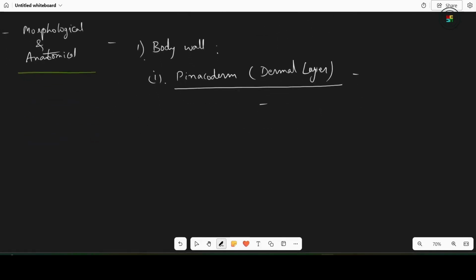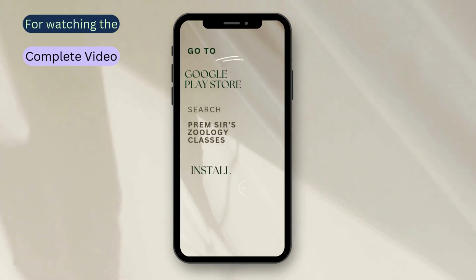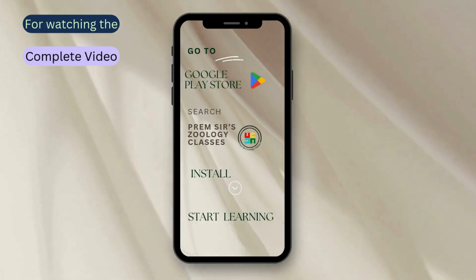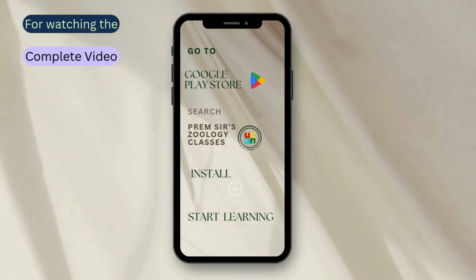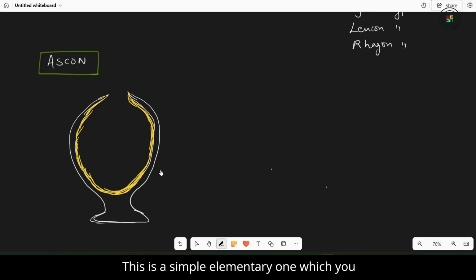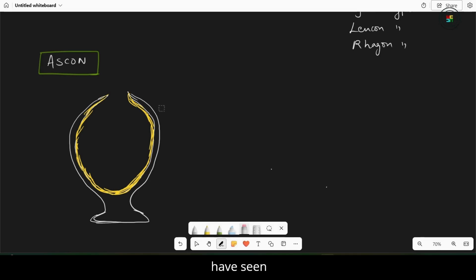It consists of pinacocytes. Okay, this is the simple elementary one which we have seen, the Ascon type.